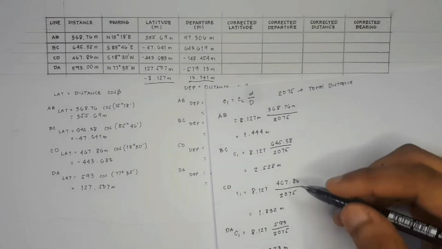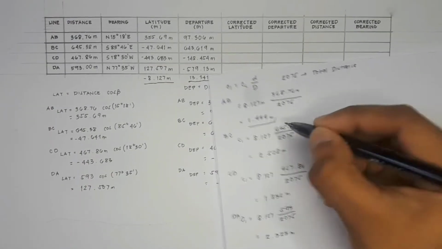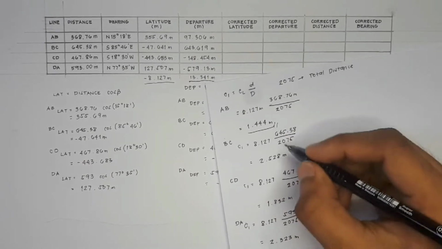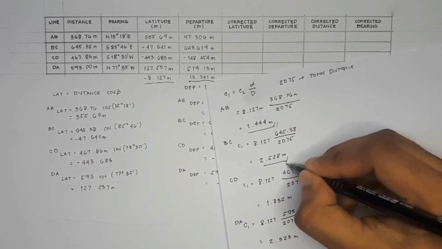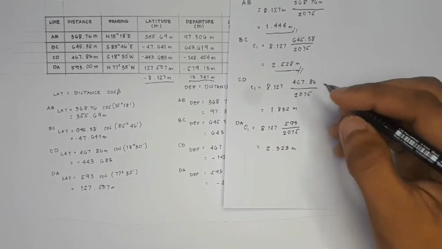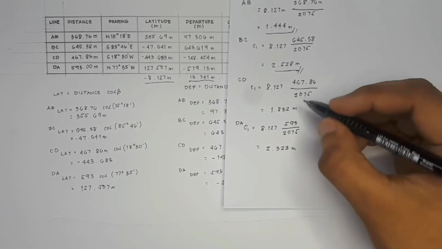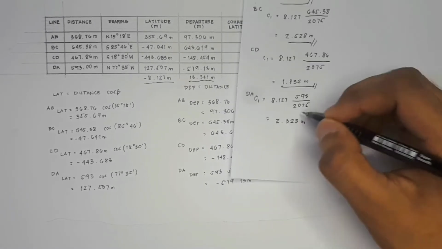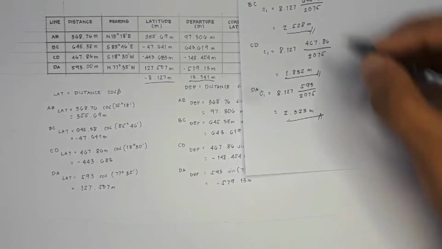So these are the corrections of latitude of every line in the closed traverse.